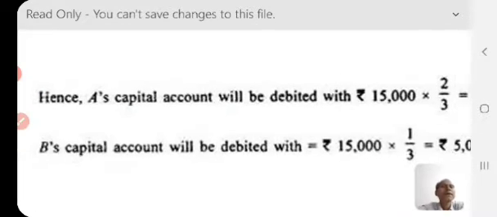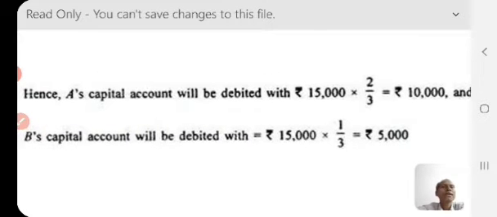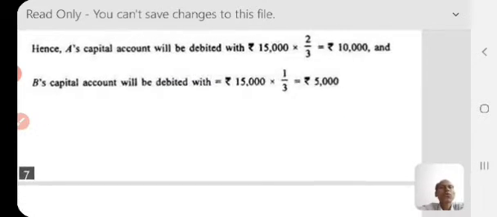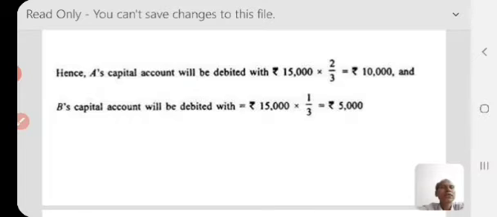So A's share is 15,000 times 2 by 3, which is 10,000, and B's is 1 by 3, which is 5,000. This is the gain ratio 2:1 which we have just seen.